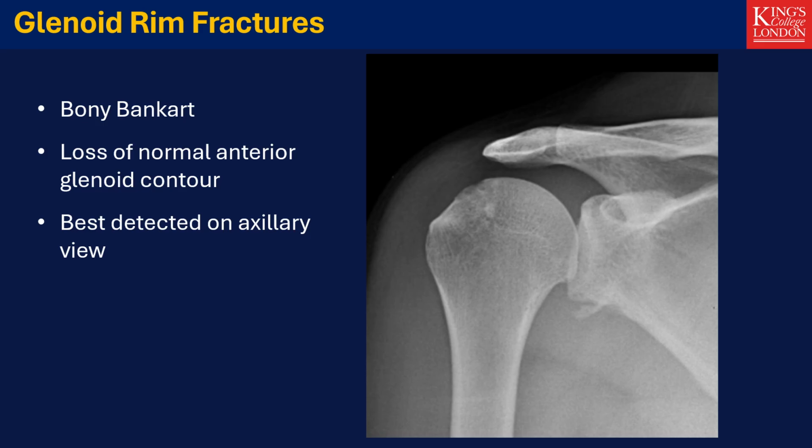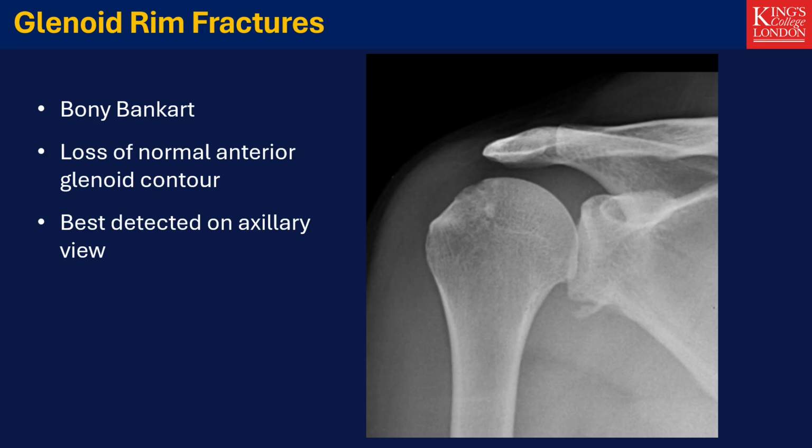On the AP view, the finding may be very subtle. Look for a loss of the normal smooth anterior glenoid curvature or a small cortical fragment adjacent to the rim. Even minimal flattening should raise suspicion in the appropriate clinical setting.